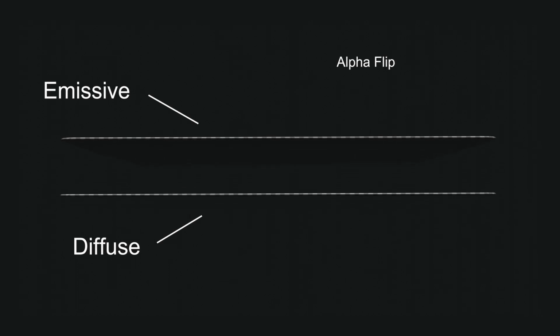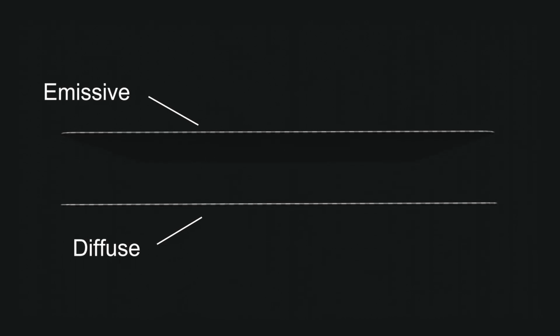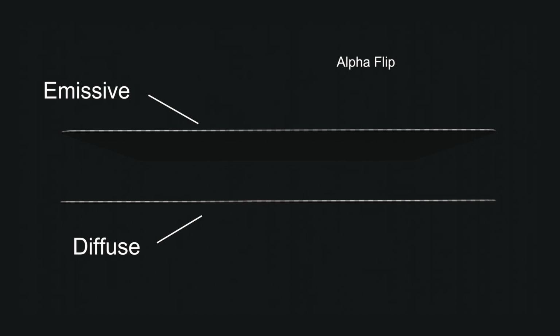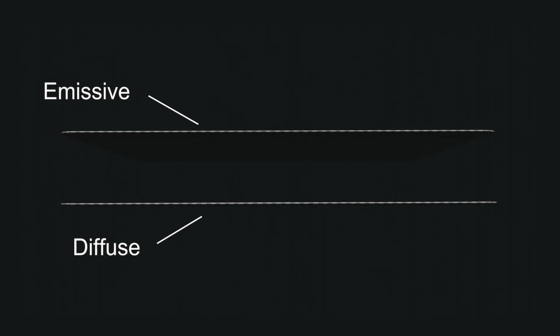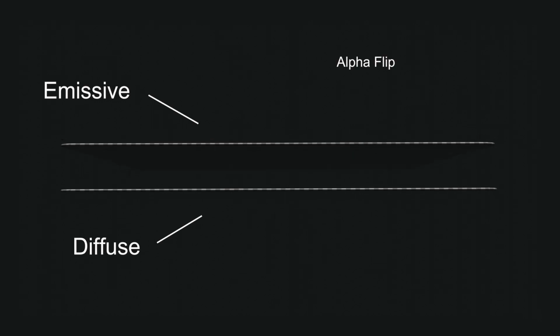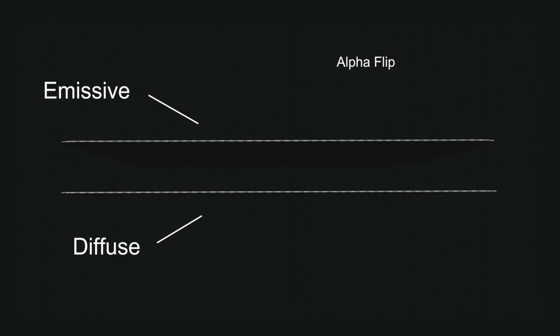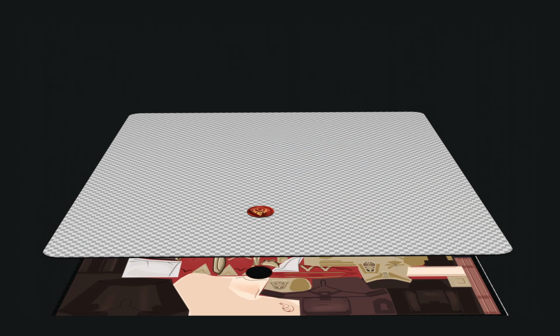Now, the reason you want to do this is because each of the layers, the layer on top and the layer on the bottom, the top layer is emissive and the bottom layer is diffuse. When they switch positions, the top still remains emissive, but now the position has changed. So the area of the texture that wasn't masked is now on the opposite side. So that switches where the emission and the diffuse is handled.